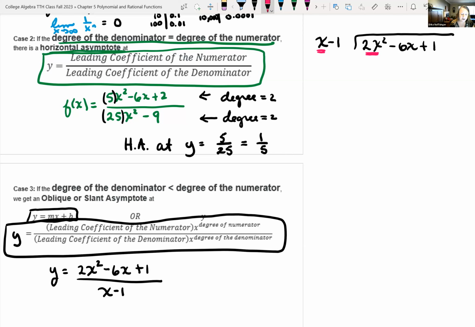Well, x times 2x gives me 2x squared. So we figure out that number, and we multiply it by our divisor, 2x times x minus 1, and put it underneath the dividend. So 2x times x is 2x squared, and 2x times negative 1 gives me minus 2x.